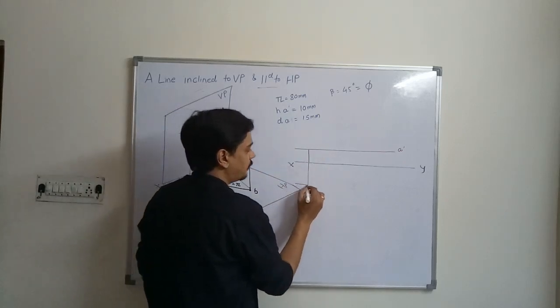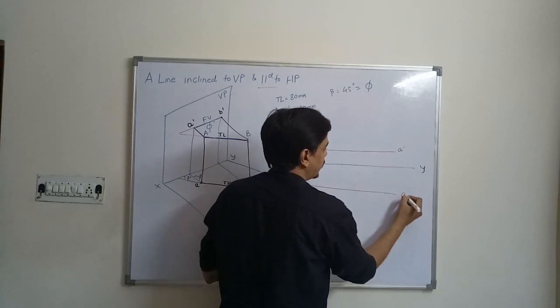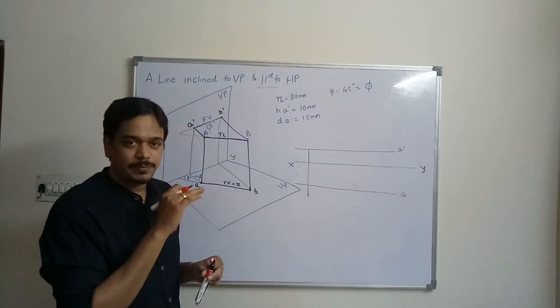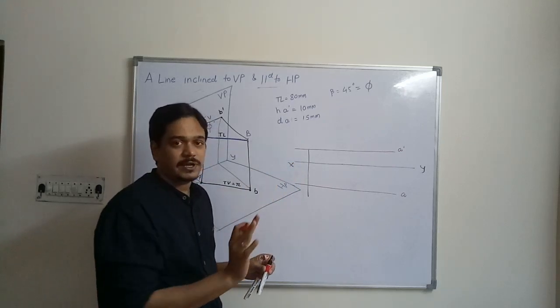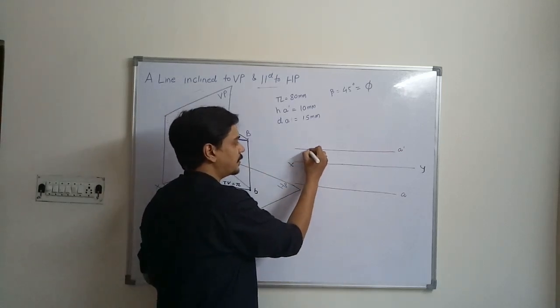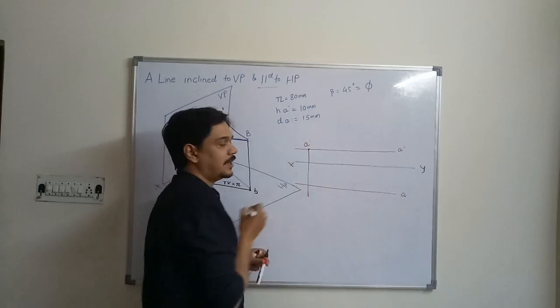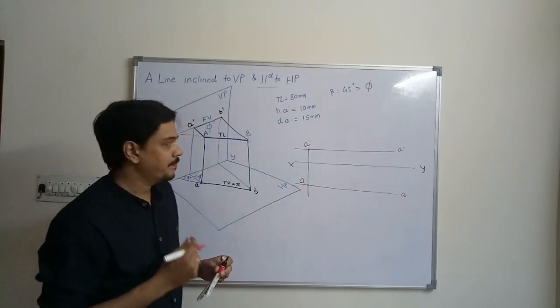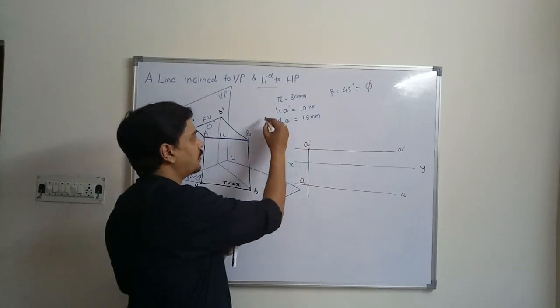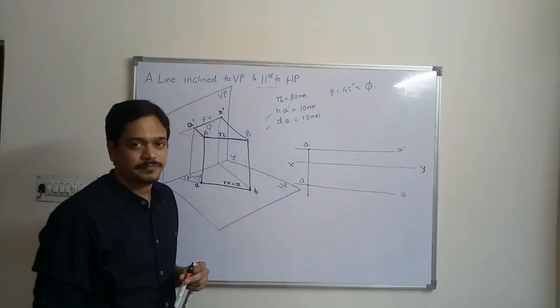Let us mark the position of A point, which is 15 mm below the XY line. The intersection of this will be termed as A dash, and this intersection will be termed as A point. So let us draw. You have drawn this and you have drawn this.